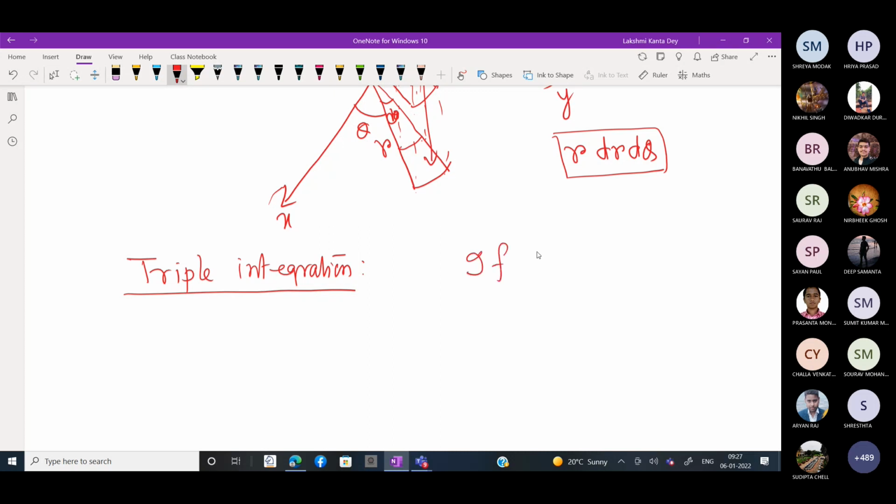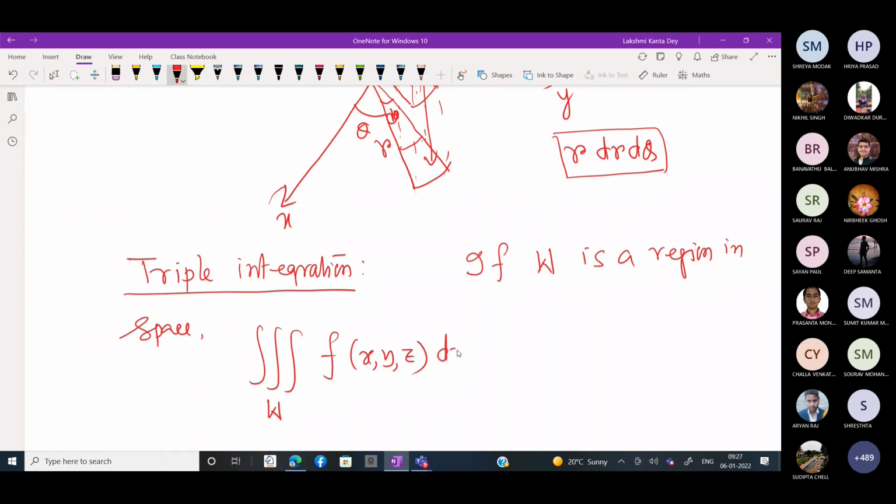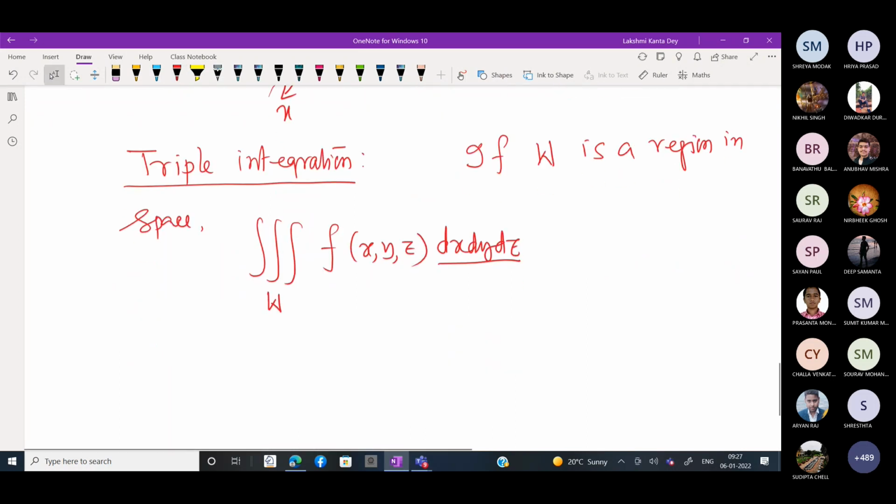If your W is any region in space, means 3 dimension, then triple integration over W, function is f of x comma y comma z, dx dy dz. You can write in any order because it is triple integration. I am not writing in terms of iterated integral.